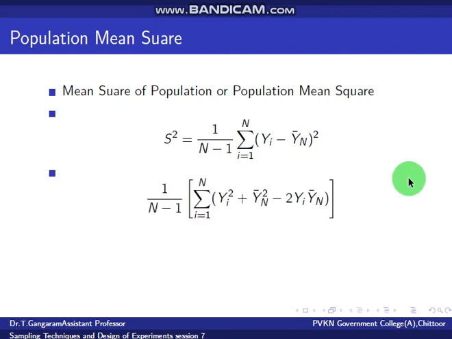Let us expand this (yi minus Y bar N) whole square. Using the identity (a minus b) whole square is a square plus b square minus 2ab, we expand yi minus Y bar N whole square.